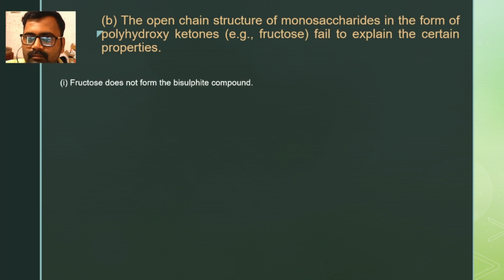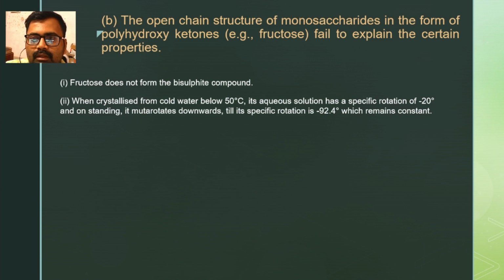For example, fructose does not form the bisulfite compound. Fructose has the carbonyl group at the C2 position, and still it does not show the addition compound when treated with the bisulfite compound, that indicates that there is a defect in the open chain structure of fructose.